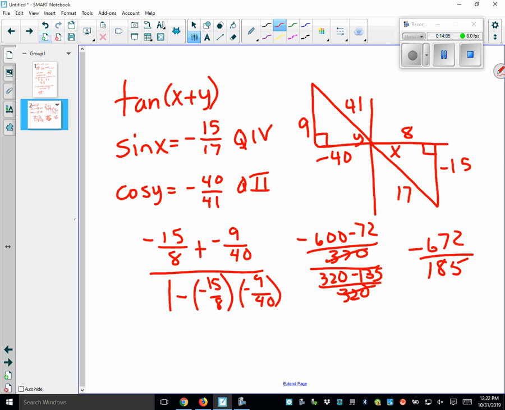All right, I'm going to tell you that the sine of theta is negative 4/5, and we are in quadrant 3.